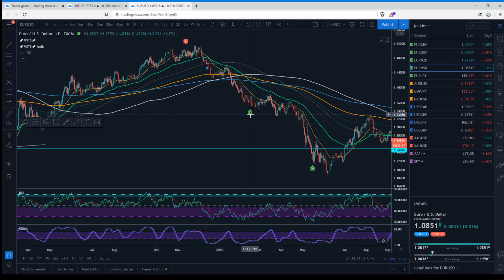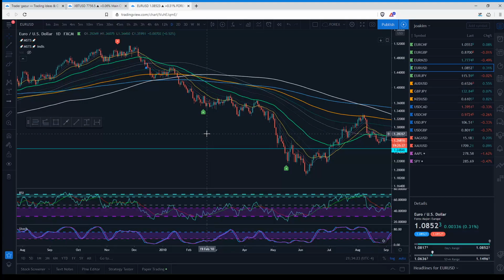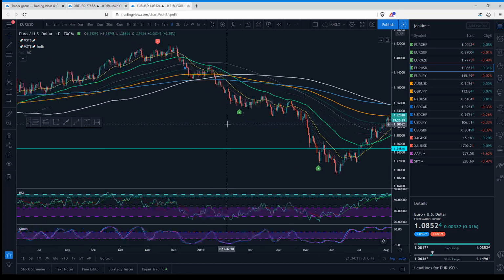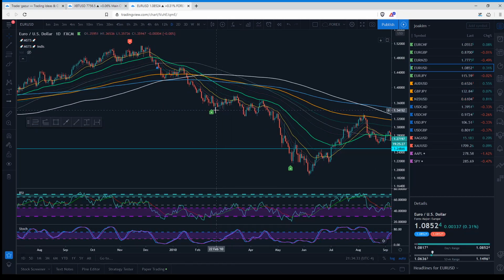here. Let's see, would this have been a fake from this point to this point? There is divergence. This would have been a fake. This would have been a fake on the daily, of course. You can see this on the daily and then play it on smaller time frames.